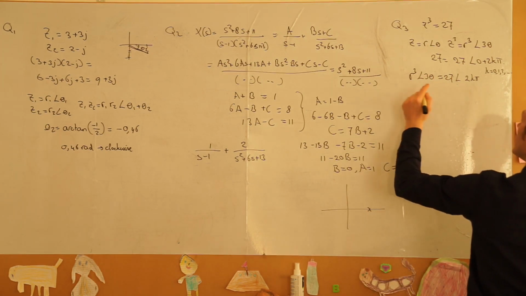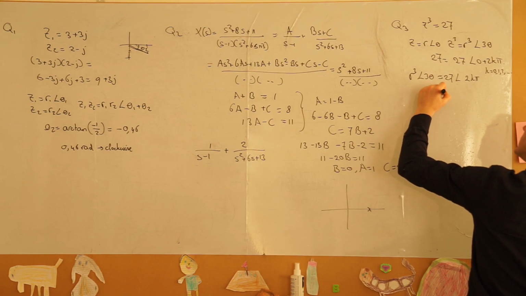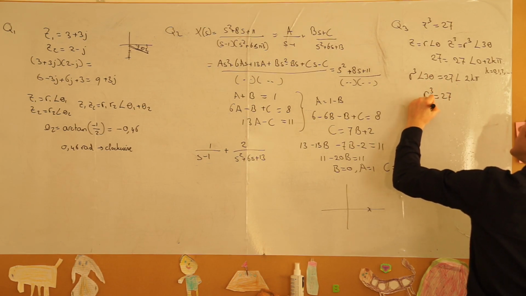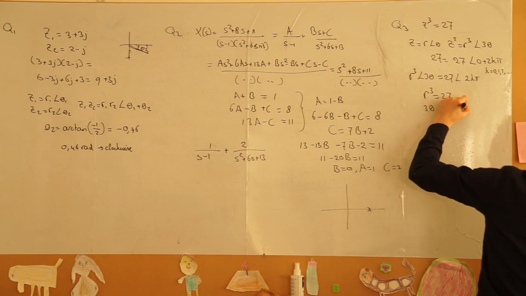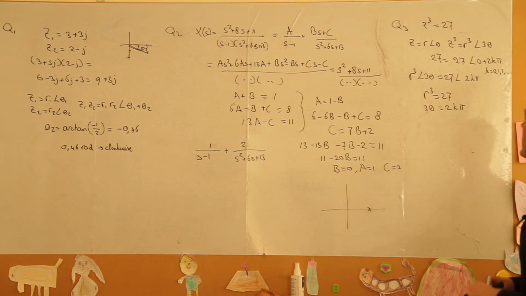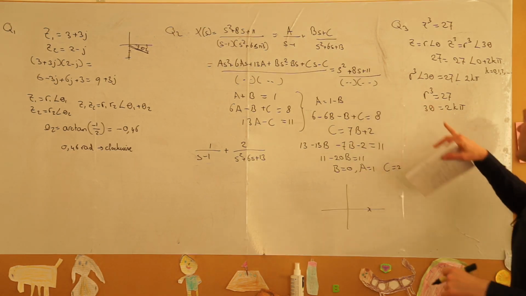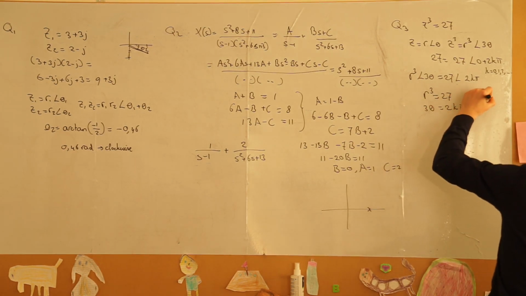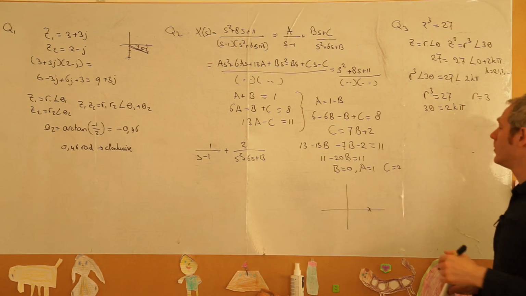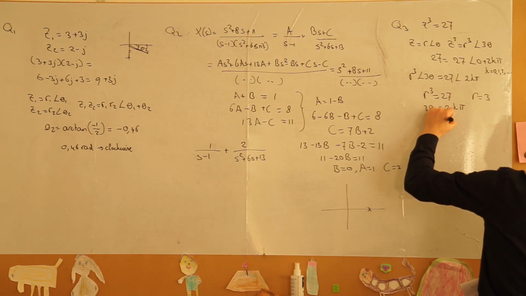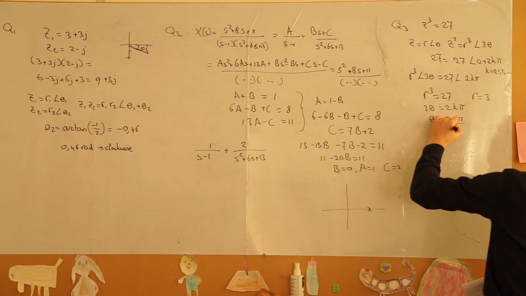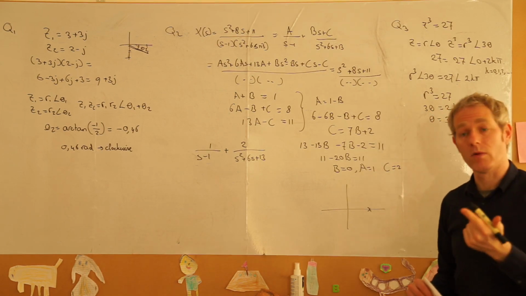So if these are equal, then R to the power of 3 must equal 27, and 3 theta must equal 2k pi. If R to the power of 3 is 27, that means R is 3, and our angles will be theta equal to 2k pi over 3, for k is 0, 1, and 2.